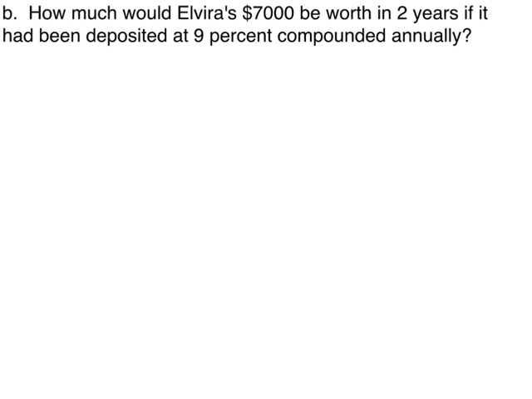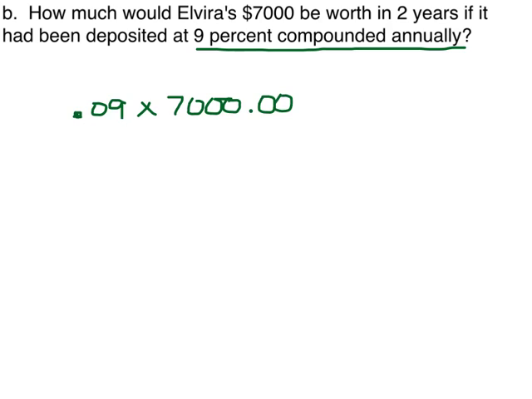So let's compare that to now she's going to get 9% compounded annually. So we're still going to say 0.09 is her rate and 7,000 is her original amount. So the first year is actually not going to be any different. She's going to earn $630 that first year.